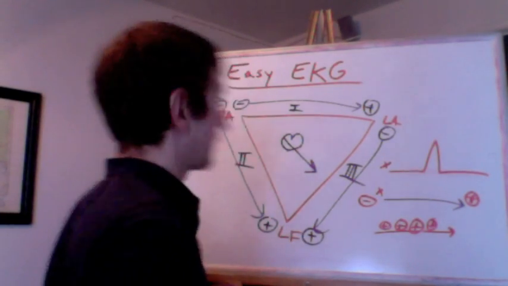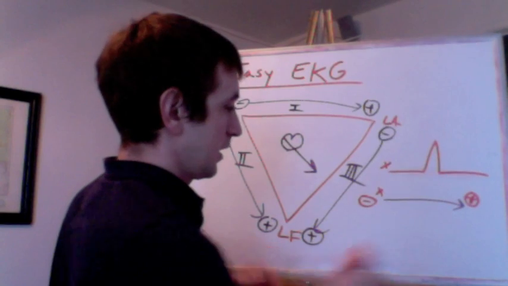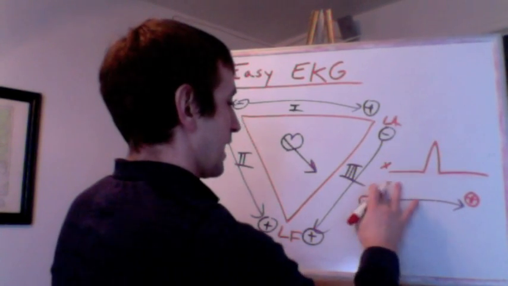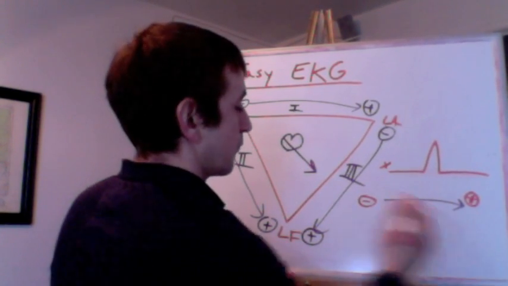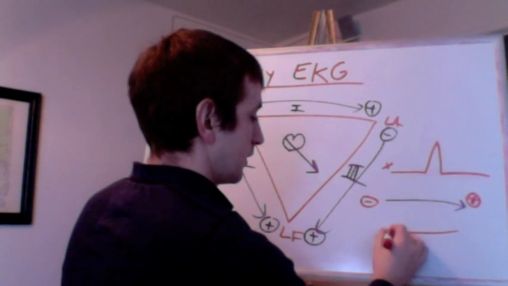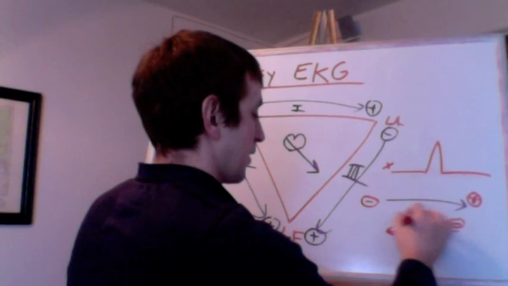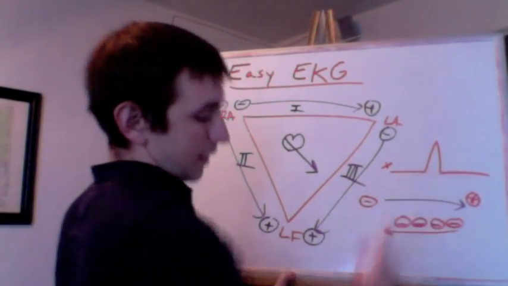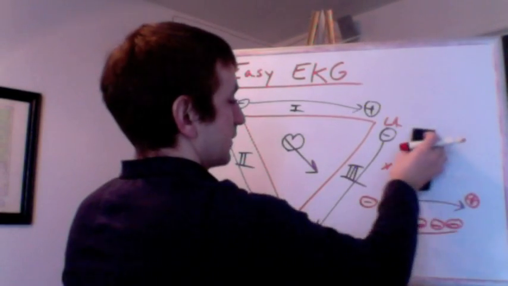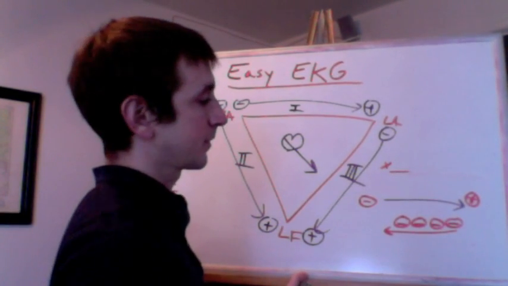So now let's say we change this and we have a repolarization, so we're becoming more negative in this direction, okay? So we're getting more negative as we go to the left. How do you think lead X on the EKG would show? Would it be a positive or a negative?